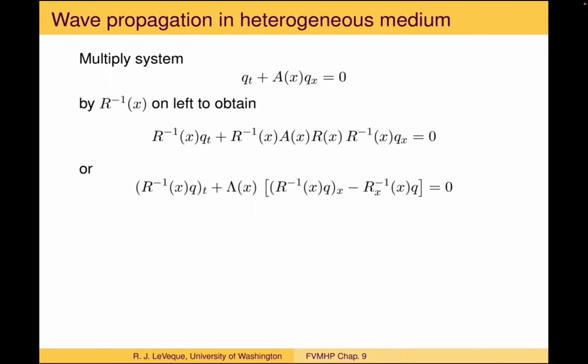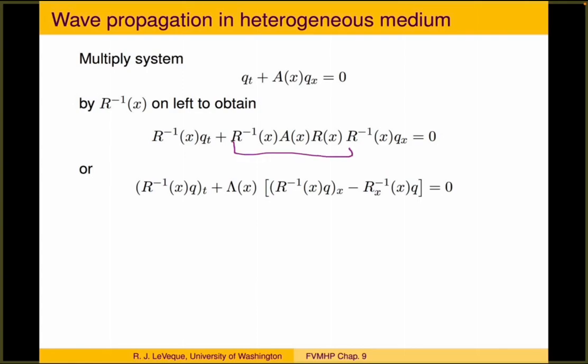Yeah, so if we start with this system in the non-conservative form, q_t + A(x) q_x = 0, then in the case of a constant coefficient A, we saw that we could diagonalize the system by multiplying on the left by the inverse of the eigenvector matrix, where R(x) is the eigenvector matrix corresponding to A(x). And we could linearize things by bringing in R^{-1} A R, which is just the diagonal matrix Λ.